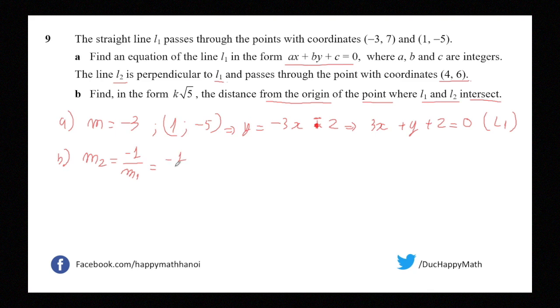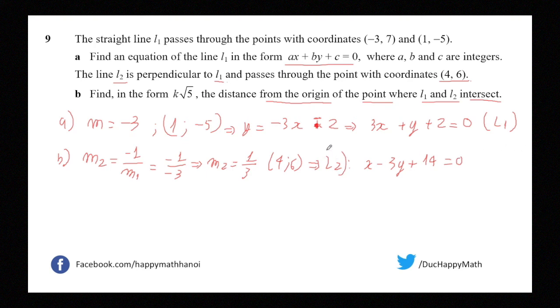It means minus 1 divided by minus 3, equal to 1 over 3. And the point L2 passes through is 4 and 6. So the gradient of L2 is 1 over 3, and the equation is x minus 3y plus 14 equal to 0.